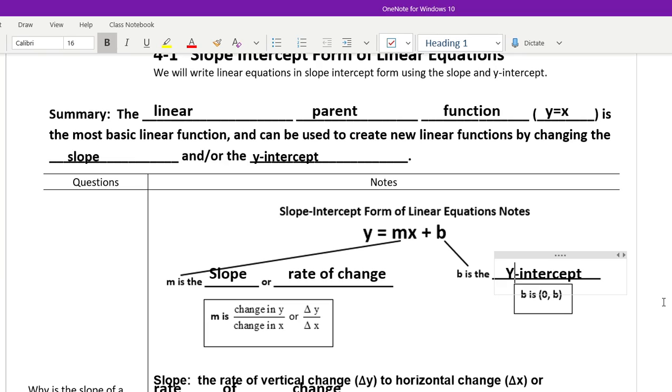It is a lowercase y, even though this automatically capitalizes. Slope is the rate of vertical change to horizontal change, which we can just refer to as the rate of change.